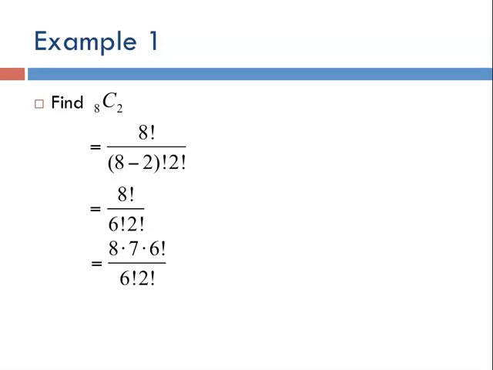Well, because we have a 6 factorial in the denominator. So instead of having to write all of the numerator out, the 6 factorial will actually just cancel. So that leaves us with 8 times 7 on top and 2 times 1 on the bottom, which is just 56 divided by 2, which is equal to 28. So that's your answer.